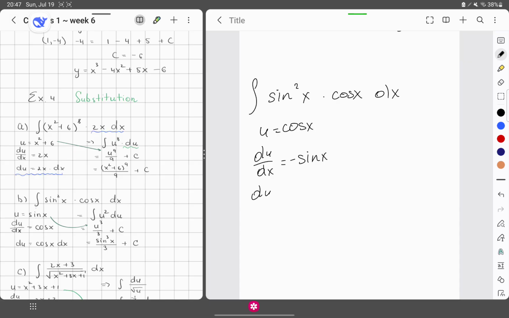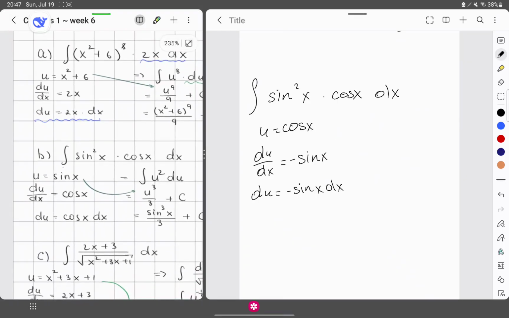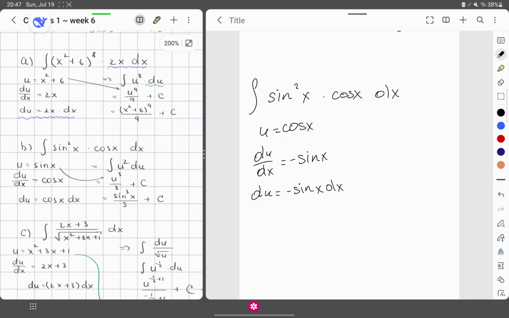Yes, okay, let's find du. It will be negative sine x dx. Okay, we don't want something like this. Okay, wait a second. I will ask this question to my teacher. So why don't we do it like this?